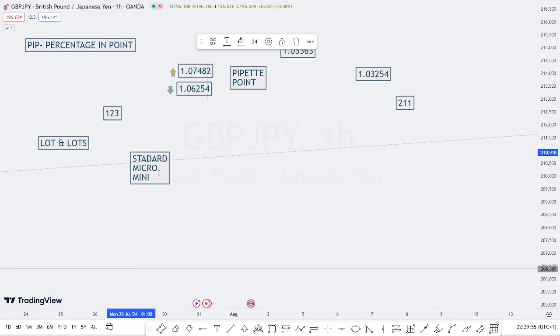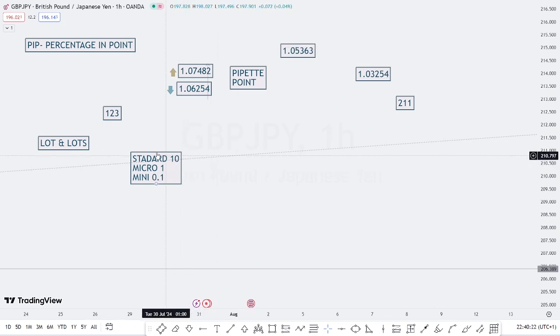Remember, guys, I don't have any book that I'm looking at. This is just what I know, but this is how I know that thing works. The standard is 10. Yes, standard is 10. Then micro is 1, and mini is 0.1.